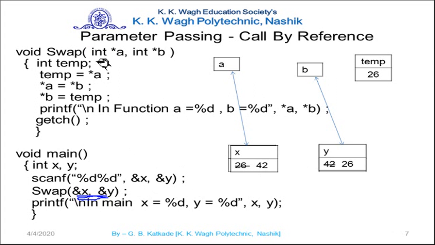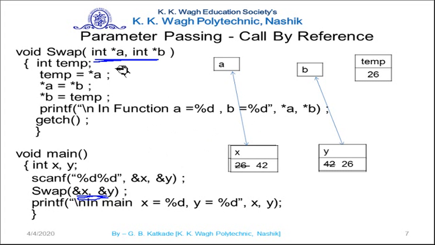For call by reference, the function declaration must also indicate that I am using pointers here. So I am using a as a pointer to integer, b as a pointer to integer. When I call it, the address of x is copied to a, so a will be using the same memory location which is used by x, and b will be using the same memory location which is used by y.